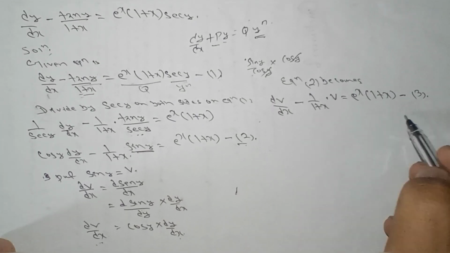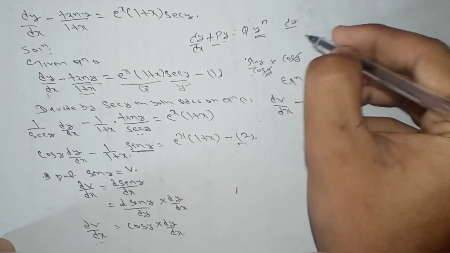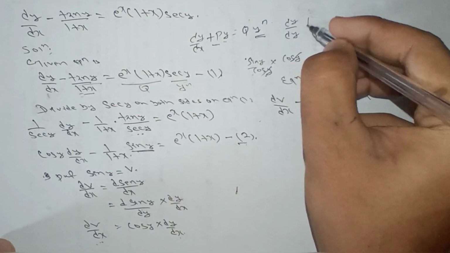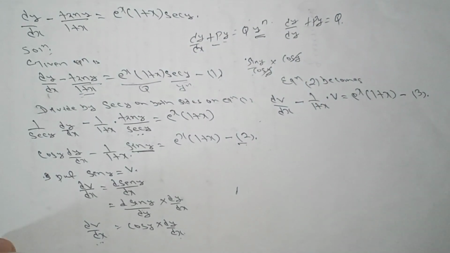As you can see, this equation is in the form of a linear differential equation. That is, we have to compare this with dy by dx plus Py is equal to Q. Okay, ignore this negative sign at this moment.